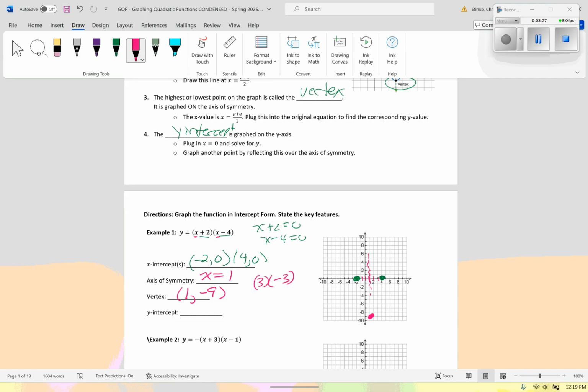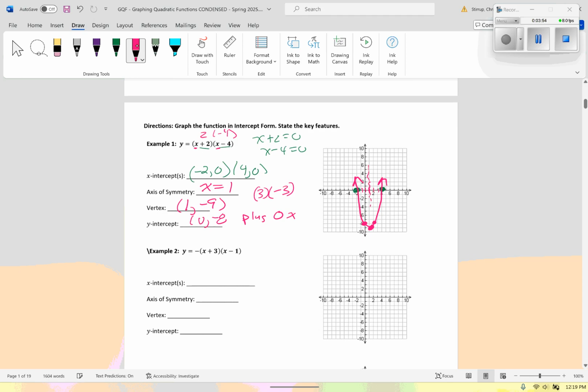The y-intercept, if I were to plug in 0 for x, so 0 plus 2 is 2, 0 minus 4 is negative 4, so I get 0, negative 8. 0, negative 8 is down here, and I also have the reflection over here. And then I have my parabola. It looks just like that.